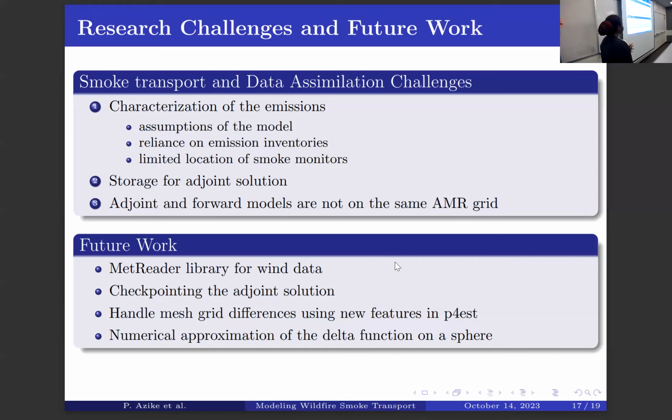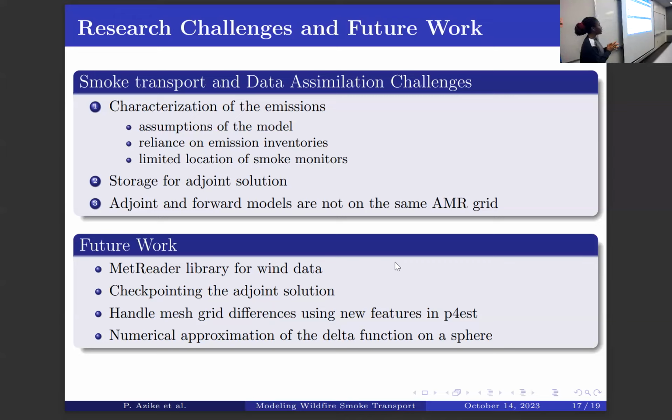Another problem in the data assimilation is how we can store the adjoint solution. Because we need the adjoint solution in the forward solution, we have to find a way to store it so that whenever we need it, we can easily pick it up. Another problem is that the meshes for the adjoint and forward problems are different. To handle this, in the future, we want to incorporate some features in P4S, which handles the meshing.